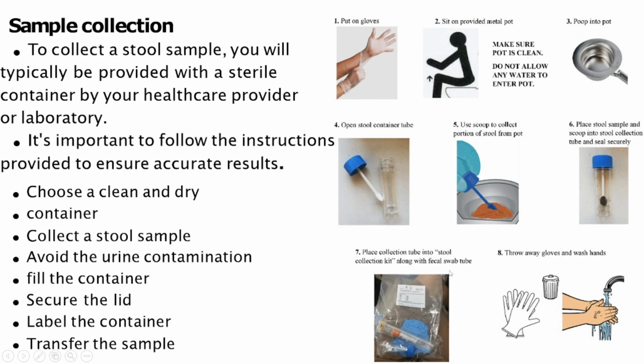As you can see how the stool sample will be transported, this is a sterile bag in which the stool container tube and the swab sample are properly placed, and then it is ready to be transported.